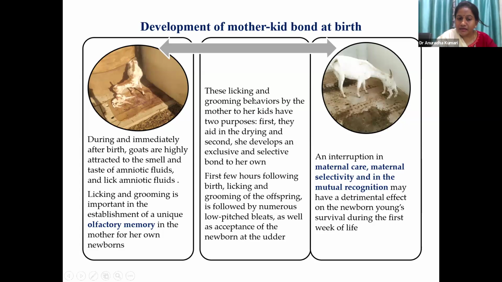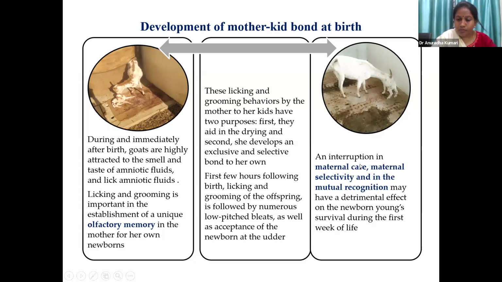Licking and grooming have two purposes. First, as we know, it helps in drying the kids, and second, it helps in the development of strong mother-kid bonding. A few hours following this licking and grooming behavior, mothers show numerous low-pitched bleats as well as acceptance of the newborn at the udder.